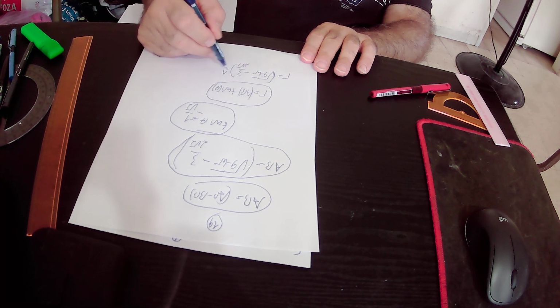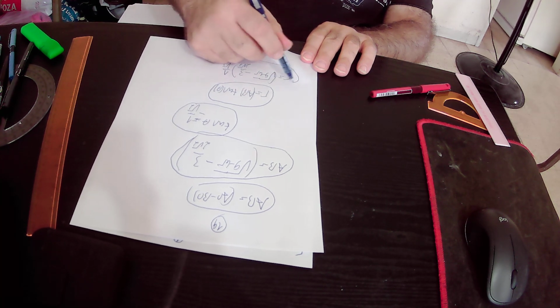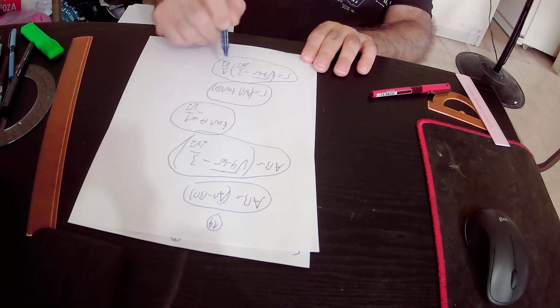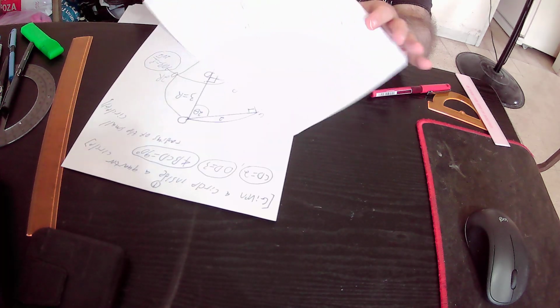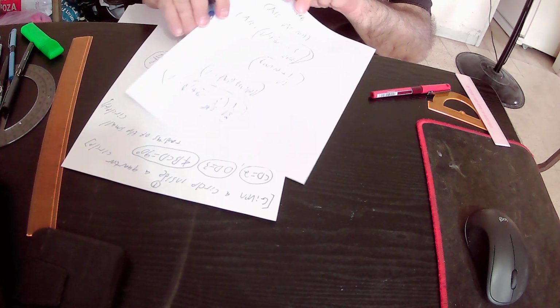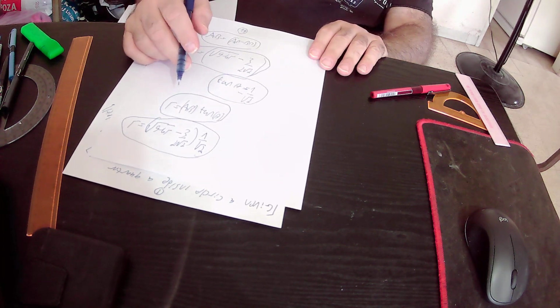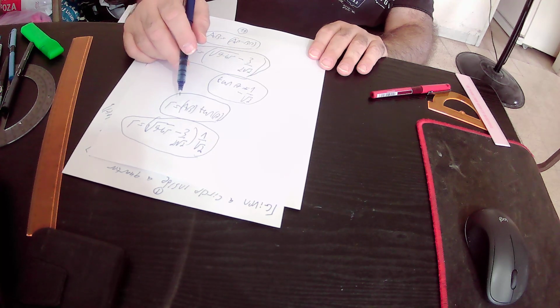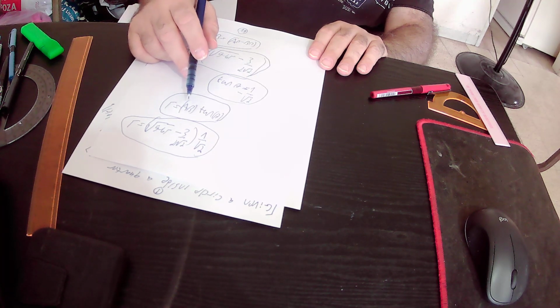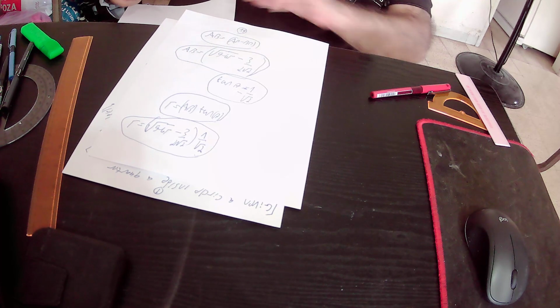Tangent theta is 1 over root 2. So we got this equality: R equals the root of 9 minus 6R minus 3 over 2 times root 2, times 1 over root 2.